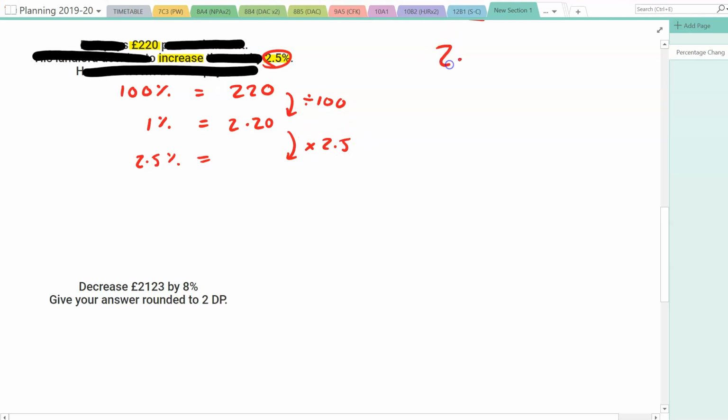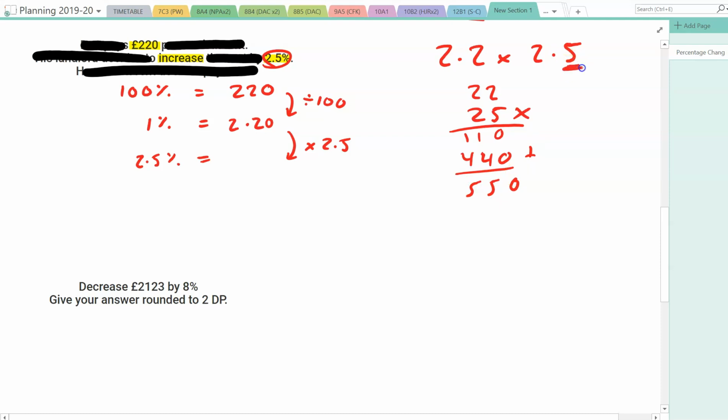Again, use a calculator if you can. I'm not using a calculator, but it is allowed. 22 times 25 would be 2 times 5 is 10, 2 times 5 is 10 and add the extra 1. Put 0 in. 4, 4. Add them together. 5, 5.